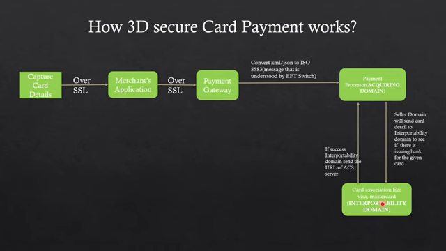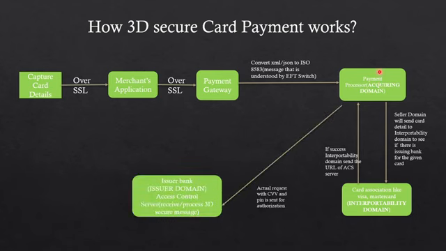So it will give that server detail and the URL to the acquiring bank, and now the payment processor can make the request to the issuer with this access control server link, and it can send or receive the secure message.